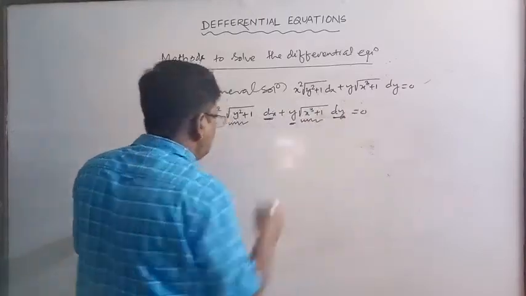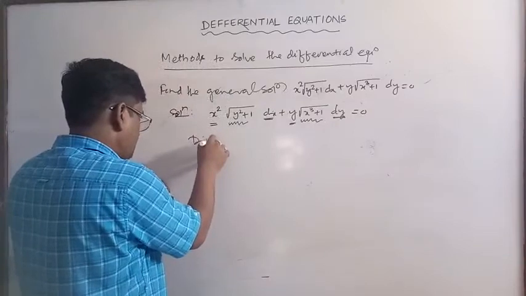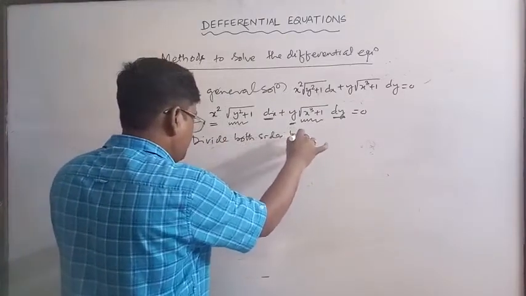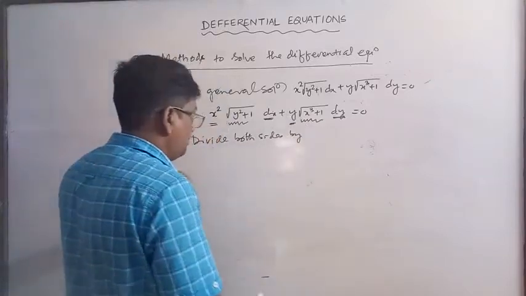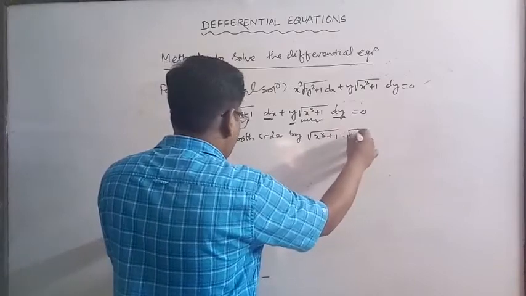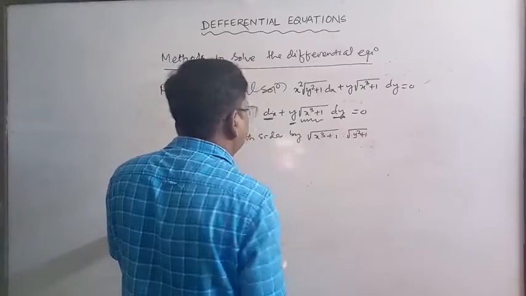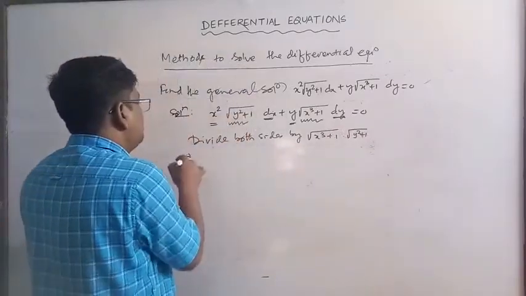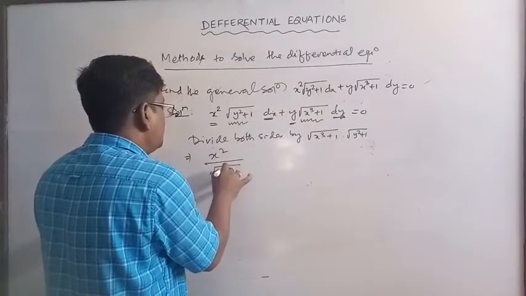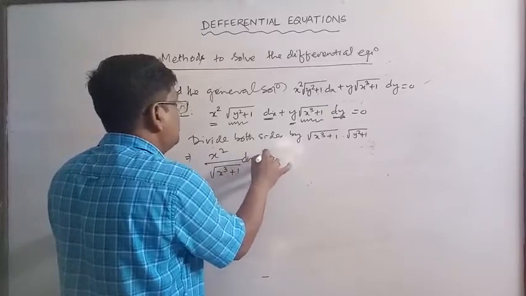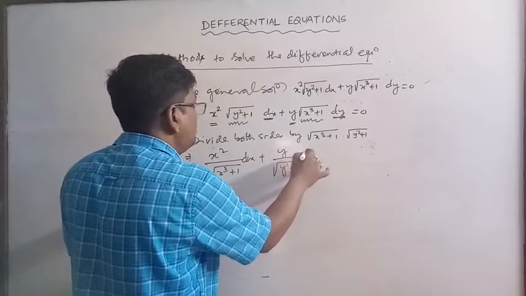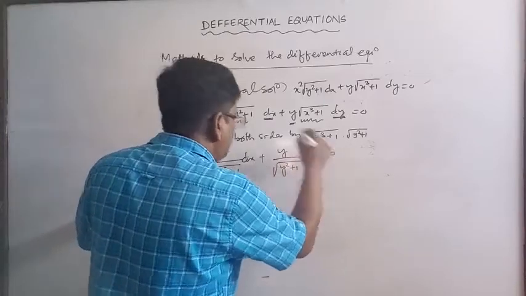So divide both sides by root over x cube plus 1 into root over y square plus 1. So this is x square divided by root over x cube plus 1 dx plus y divided by root over y square plus 1 dy is equal to 0.